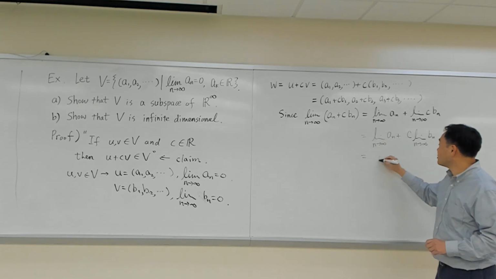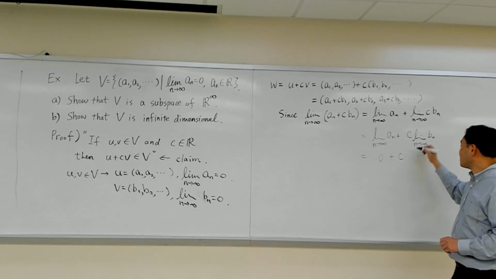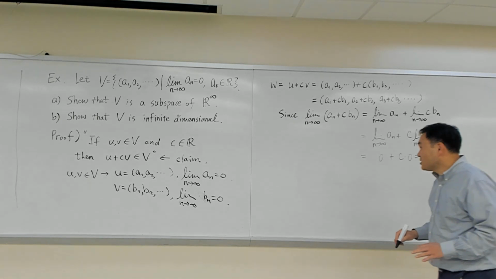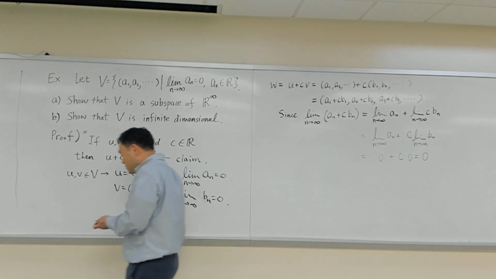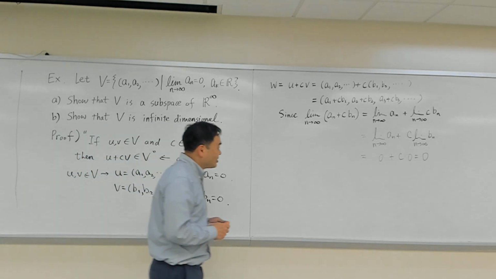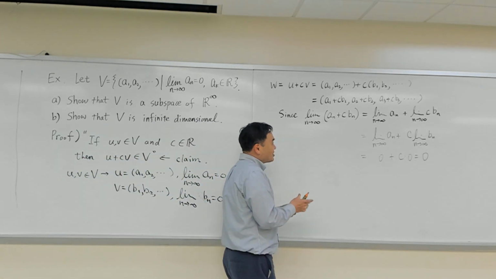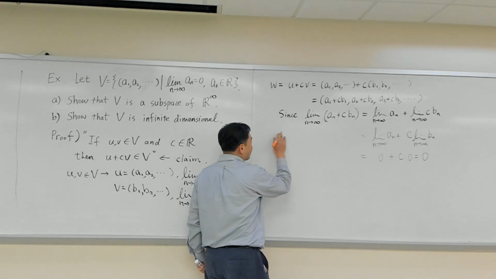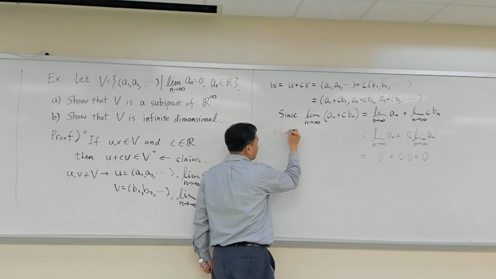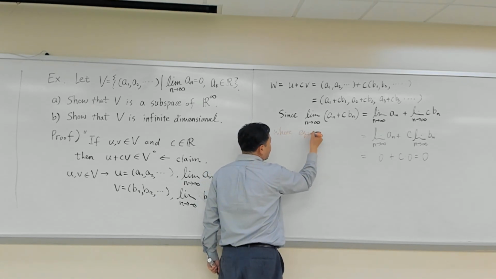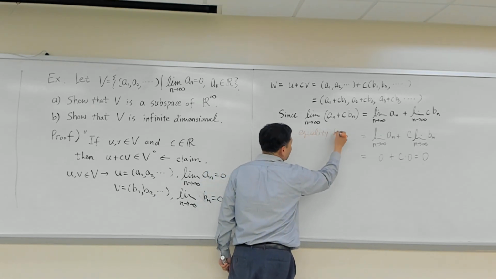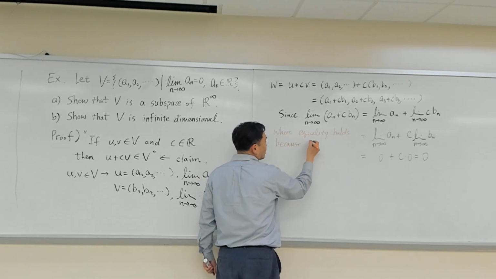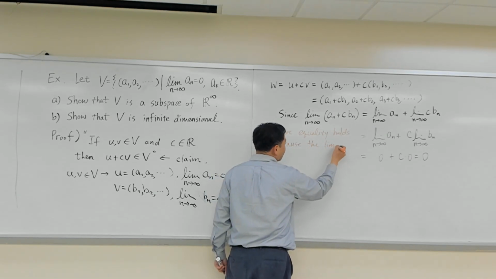Okay, so this is 0. C times this is 0. So that's 0. And just to satisfy anyone who doesn't like this solution because I'm being sloppy with the equal signs, I might add where equality holds because the limits are finite.